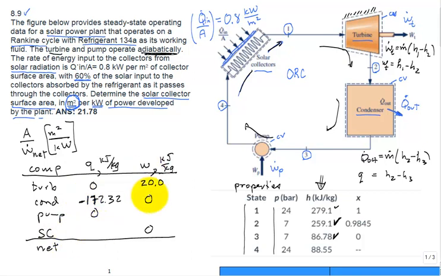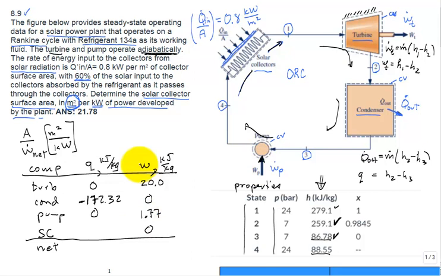The work for the pump: here are the two enthalpies for the pump. It comes in at a lower enthalpy and goes out at a higher enthalpy. So what is that? It's 1.77. But again, that's the positive into the pump.